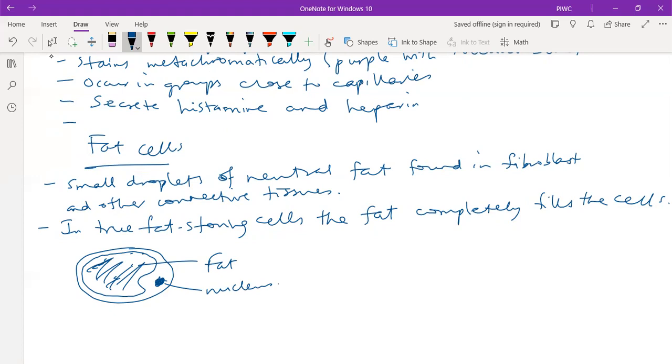Now, the fat cells usually tend to develop close to blood vessels and may occur singly or as accumulations, which constitute fat or adipose tissue.